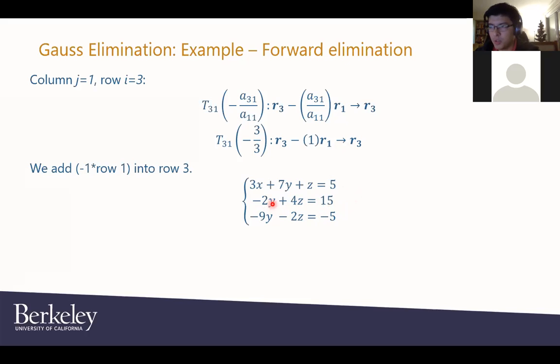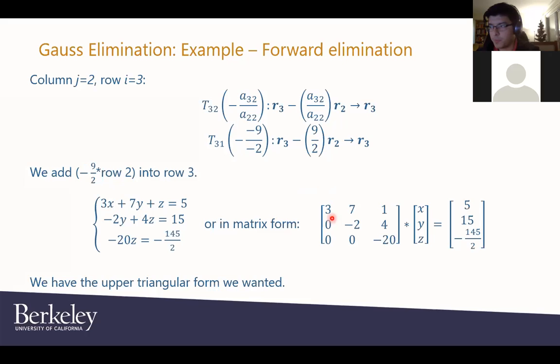Here we add something that makes the Y 9, it will make this Z into something else, 4 times 9/2, and the 15 will also be 15 times 9/2 plus -5. So we end up with this matrix of coefficients and this vector at the end.